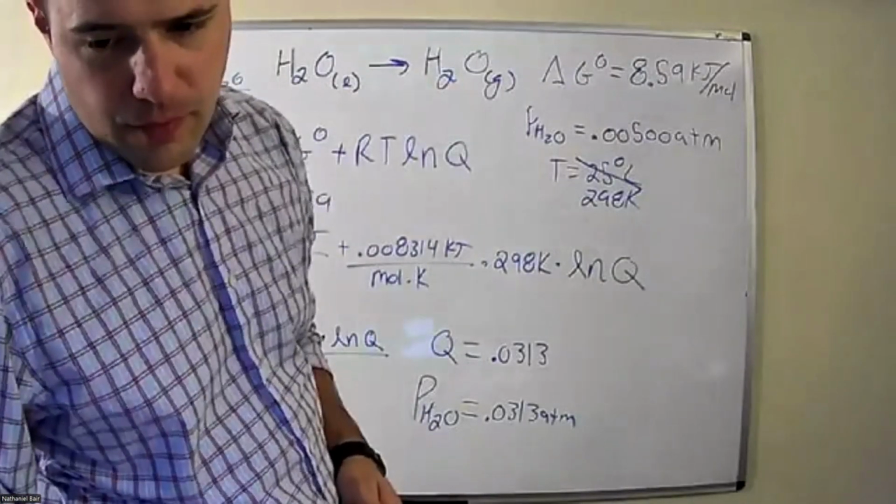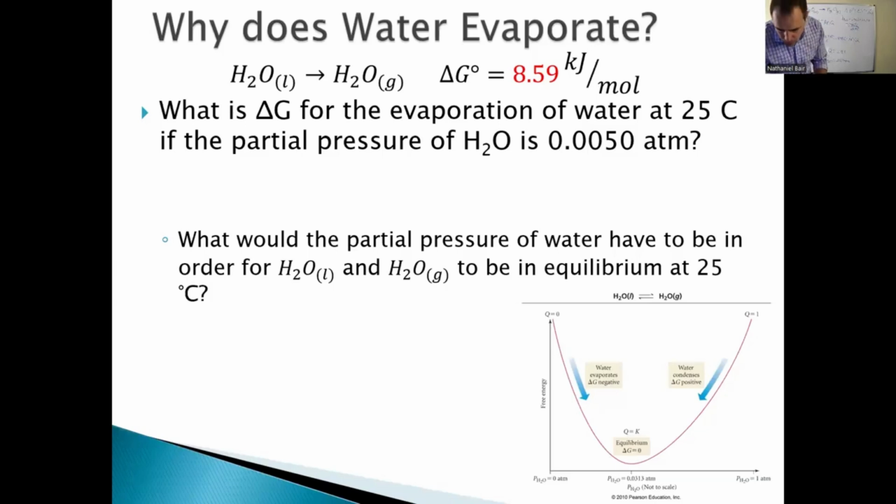I don't know if that graph has a value on it or not. Oh my goodness, look at that, folks. If you squint, 0.0313, we just solved for it, folks. Okay, it's just the power signs. So when you are below that, water evaporates. When you're above that, water condenses. There's your partial pressure value.